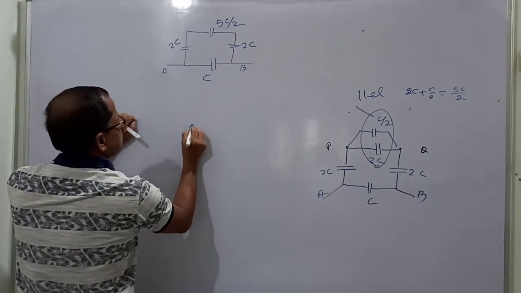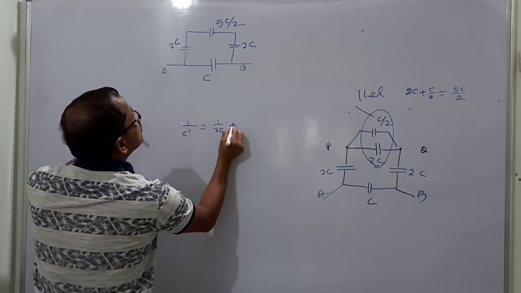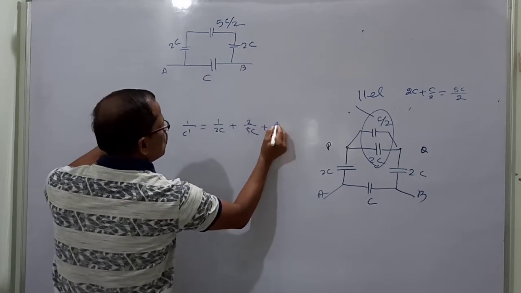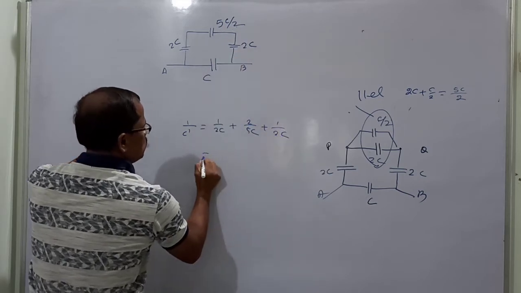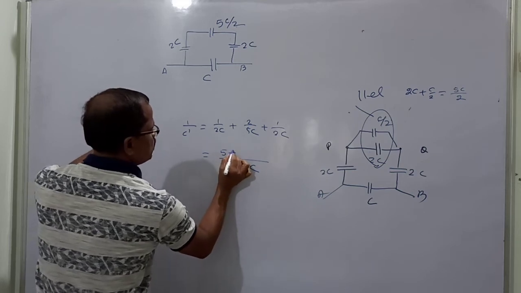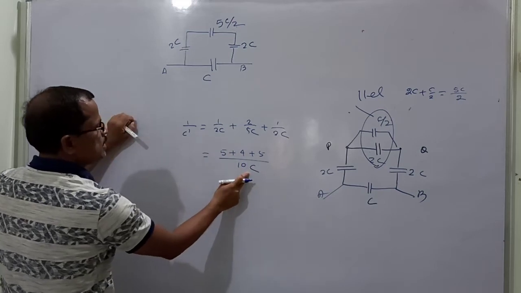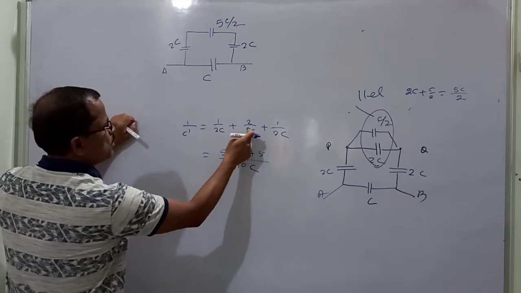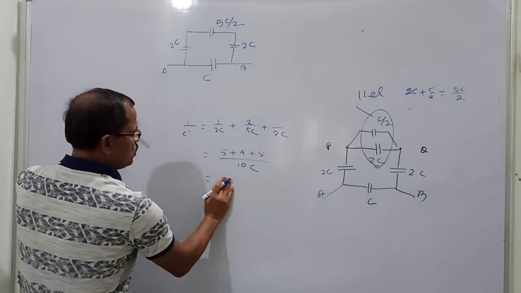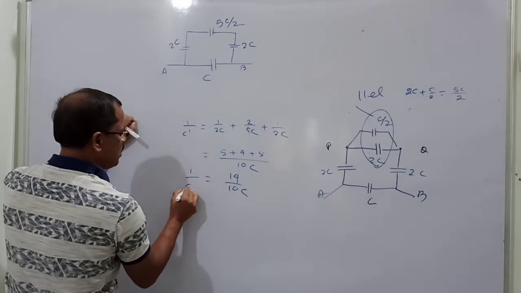So net capacitance will be 1 by C dash is equal to 1 by 2C plus 2 by 5C. So LCM is equal to 10C. It will be 5, it will be 4, it will be 5. So it will be coming 14 by 10C is equal to 1 by C dash.